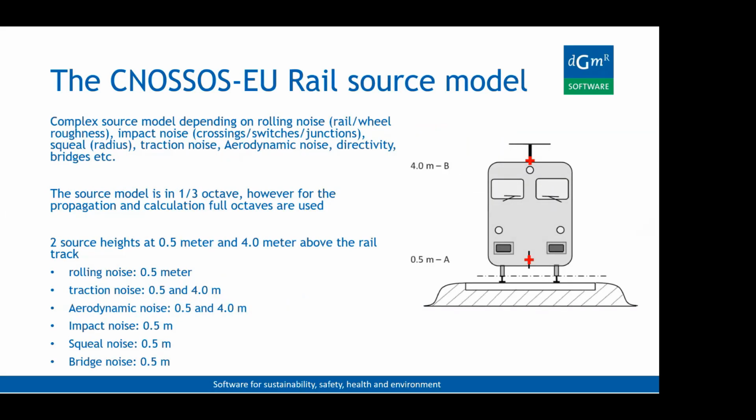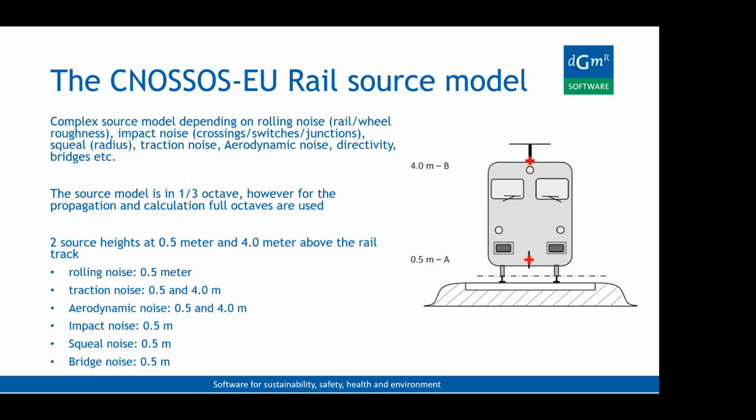The CNOSSOS EU rail source model is a little bit more complex. That's depending on rolling noise, rail wheel roughness, impact noise, like crossings, switches, junctions, squeal noise, traction noise, aerodynamic noise, directivity, bridges. The source model is a 1/3 octave source model. However, for the propagation and the calculation, full octaves are used.